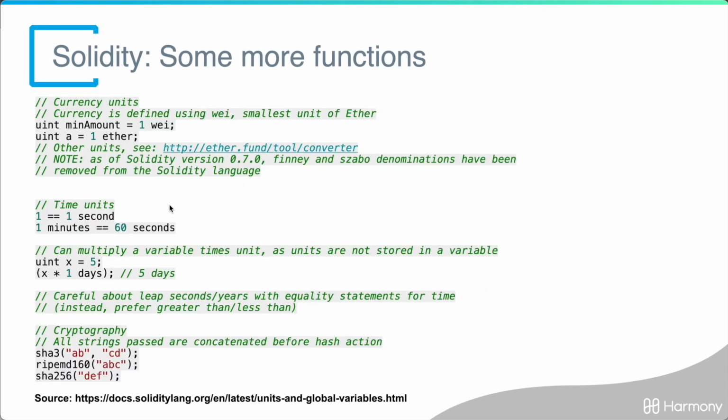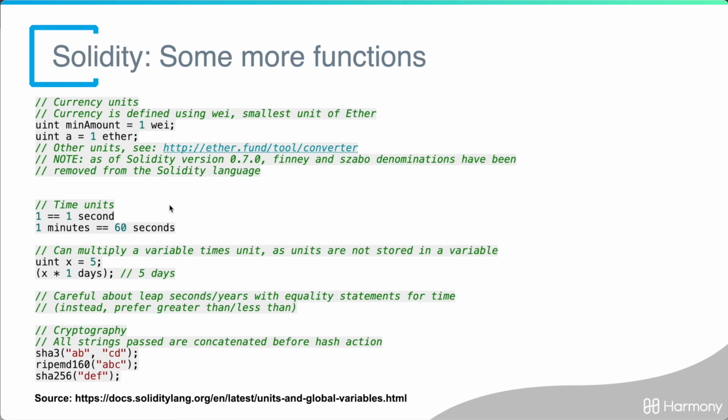Right, so here are some other useful functions that you may bump into in your day-to-day programming. We have currency units, and these are just convenience functions within the smart contract to allow you to specify one Wei, one Ether, one Gwei.